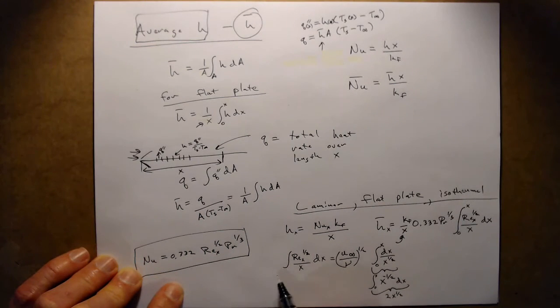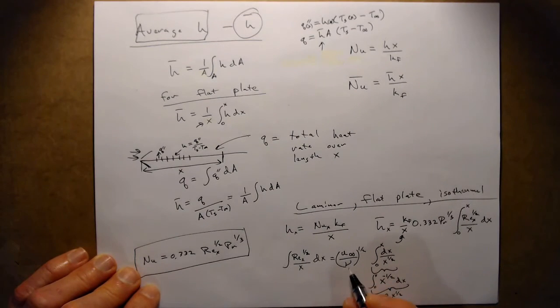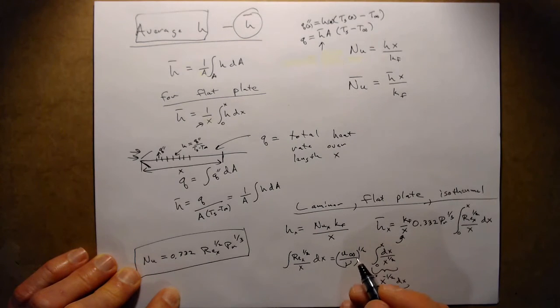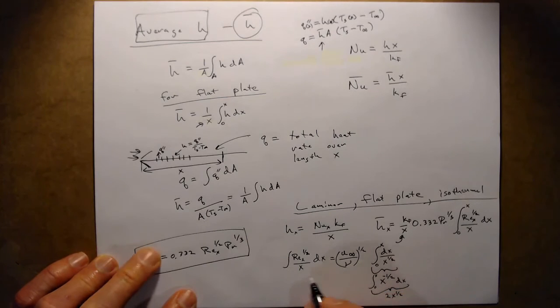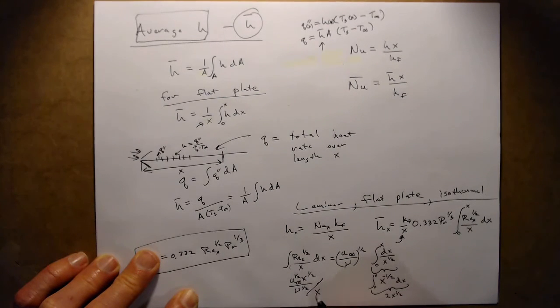Okay, so if we integrate the Reynolds number to the 1/2 divided by x, well, Reynolds number is the velocity divided by the kinematic viscosity times x. So maybe let's go ahead and expand this real quick. We would say that this is equal to velocity times x, all raised to the 1/2 power, divided by nu to the 1/2 power, and then that's all divided by x.